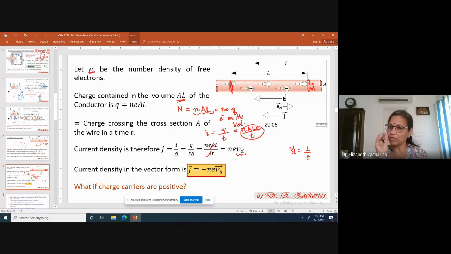Okay, now we have talked about a metal. Now let me talk about, let us say, a liquid, electrolytic solution of NaCl. Let's say the current is in this direction. Current density is in this direction. So now what are the carriers? What will be the carriers now?